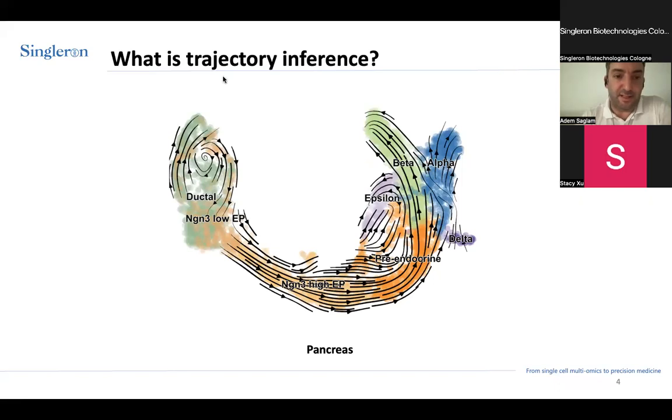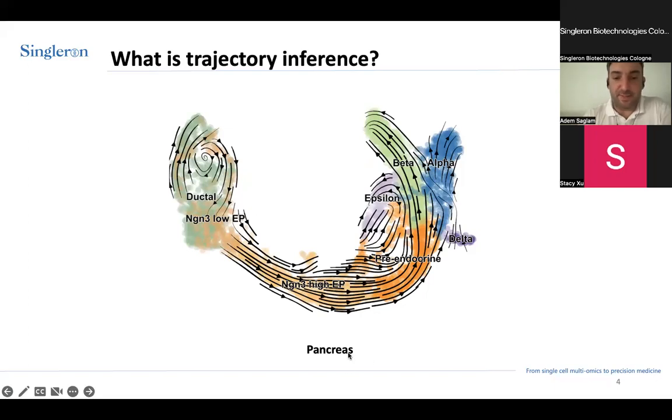So I start with a cell located here, and knowing that the other cells at other stages are located here, then I can guess, or I can assume, that this cell will probably evolve along this trajectory. So this is what we mean by trajectory inference or trajectory analysis.